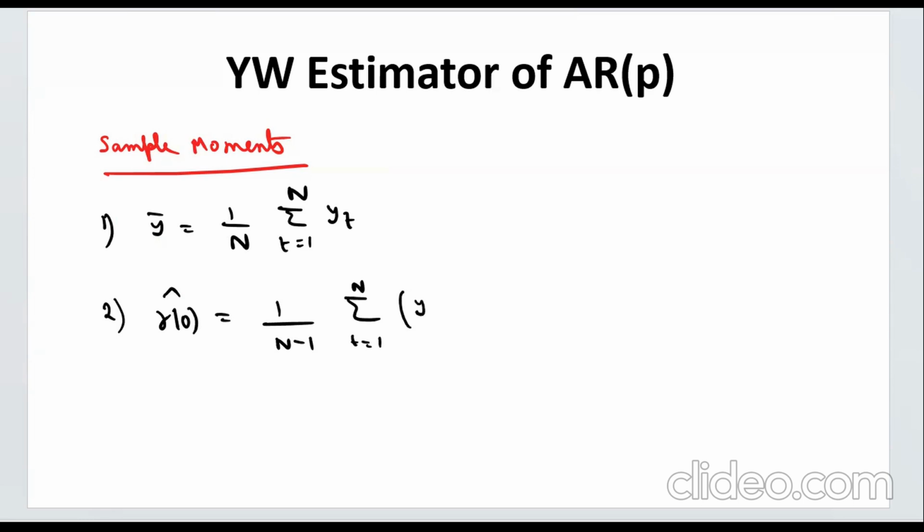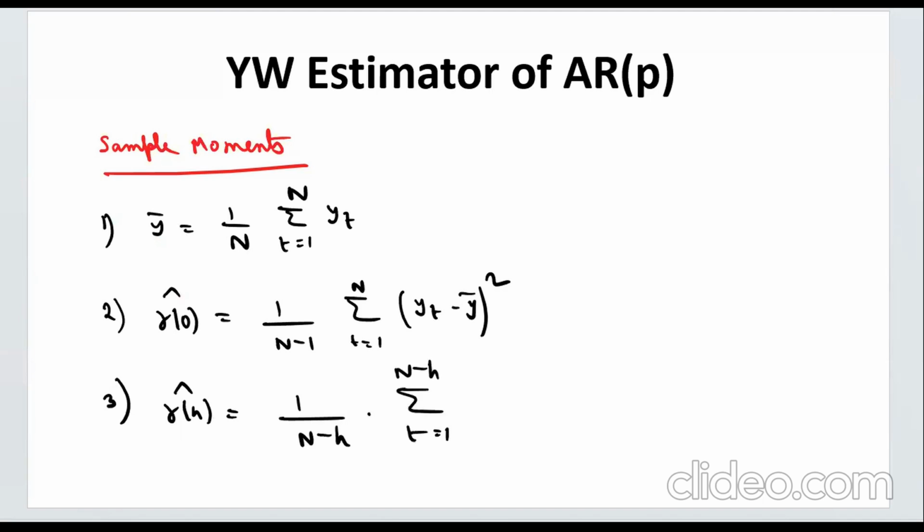So this will be the sum of y t minus y bar whole square. And the third is gamma h cap. This is a little different. 1 by n minus h, summation t from 1 to n minus h, of y t minus y bar times y t plus h minus y bar. So these are the sample moments for ARP.